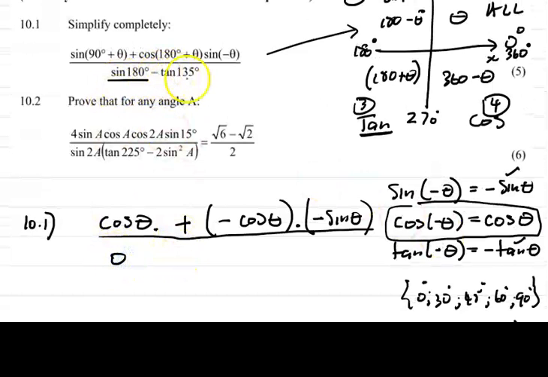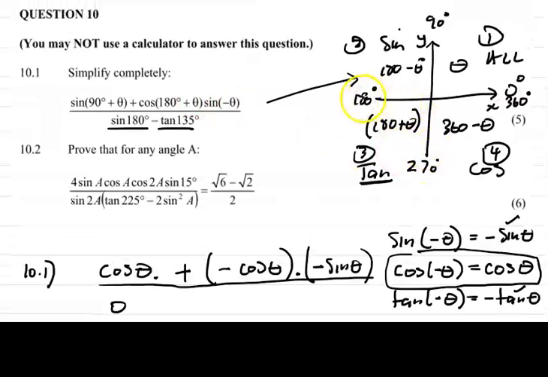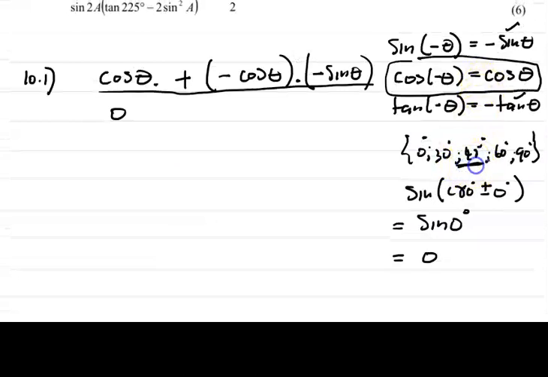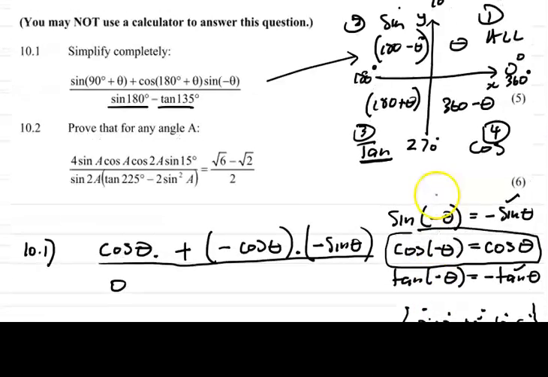And here, minus tan of 135. Now let's reduce that. 135 lies in the second quadrant, so we're going to use 180 minus theta. The special angle that we'll be using there is 45 degrees.